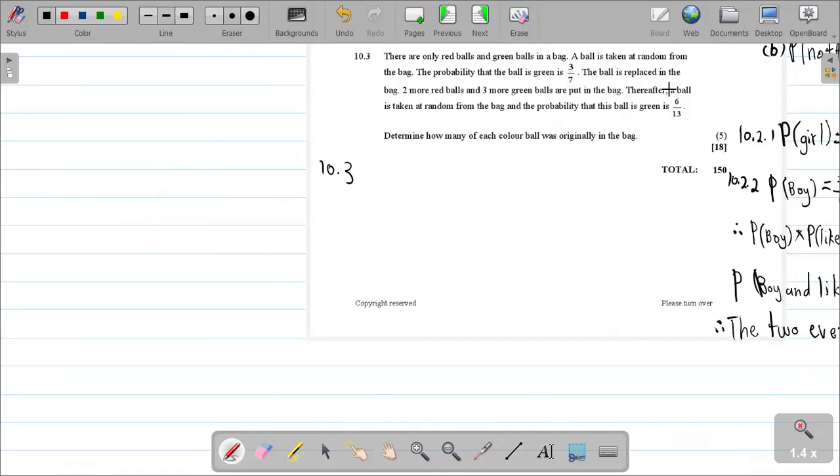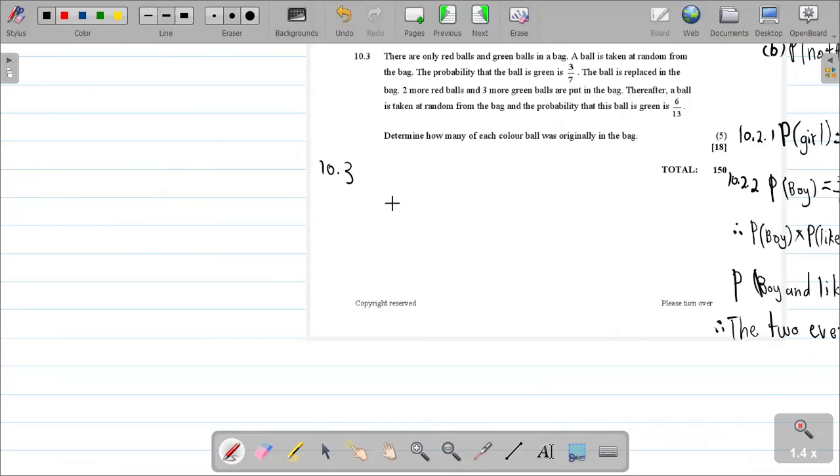The ball is replaced in the bag. 2 more red balls and 3 more green balls are put in the bag. Thereafter, a ball is taken at random from the bag, and the probability that this ball is green is 6 out of 13. Determine how many of each color ball was originally in the bag.